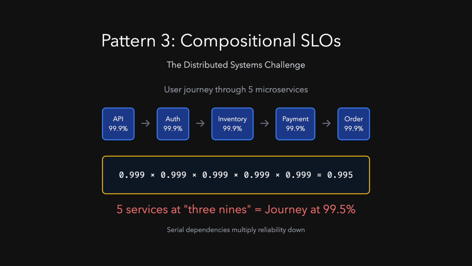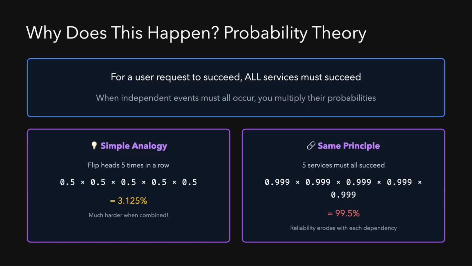Here is where probability theory comes in. For a user request to succeed, all the services must succeed. So in probability terms, when independent events must all occur, you multiply their probabilities. If you're rusty in probability, think of it like needing to flip heads 5 times in a row.